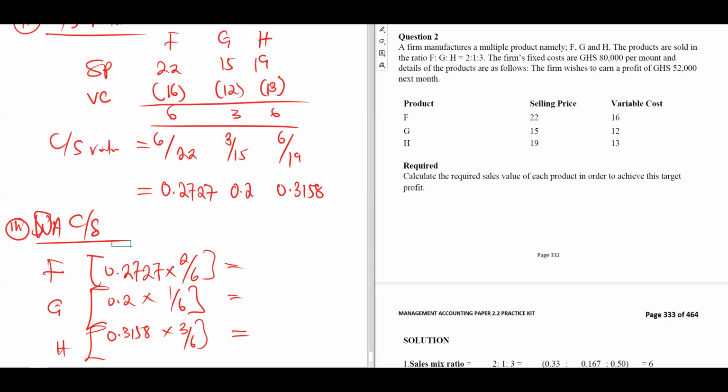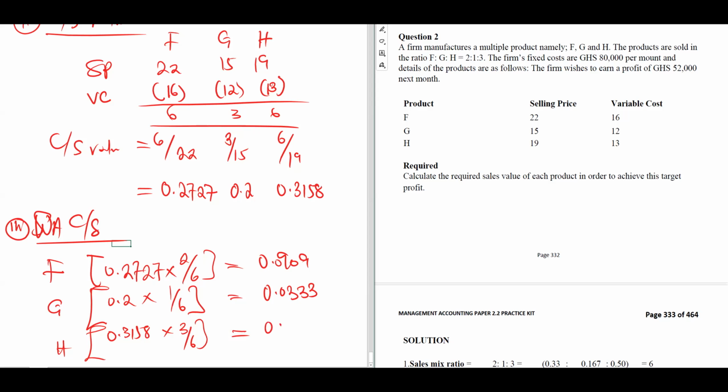Okay, so we have 0.2727 times 2 out of 6. We have 0.0909. We have 0.2 times 1 divided by 6. We have 0.0333. We have 0.3158 by 3 out of 6.